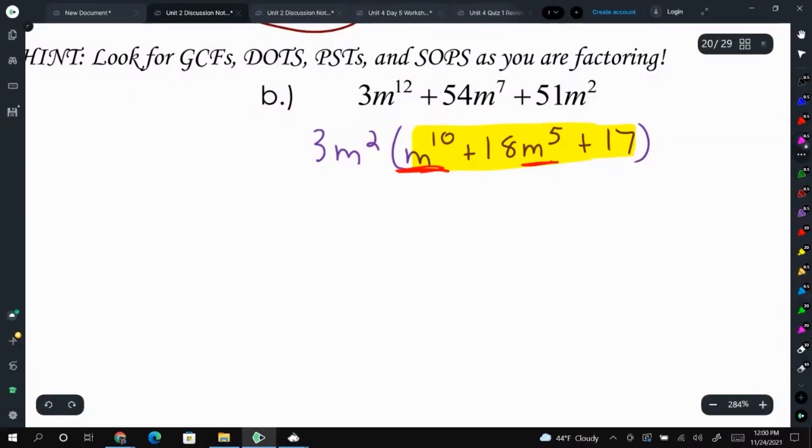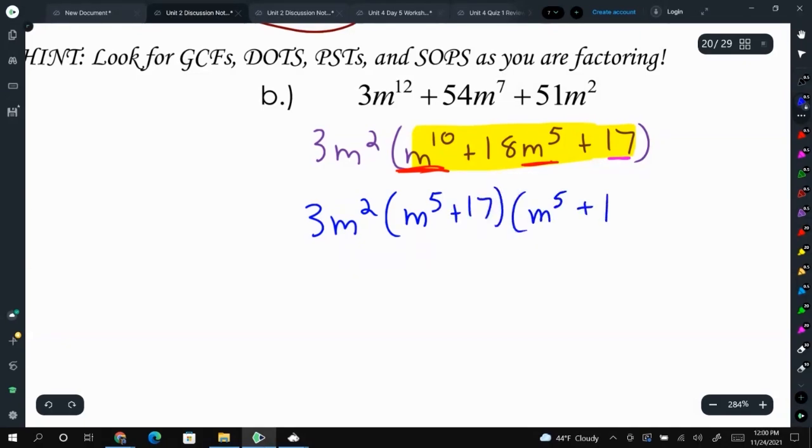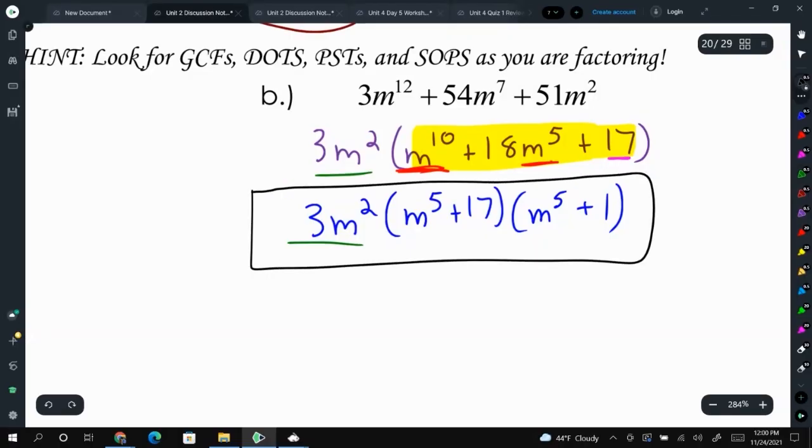So let's think about what two numbers multiply to positive 17 but add to 18. Well, that's going to be 17 and 1. So this is going to be our factored form: m to the 5th plus 17 and m to the 5th plus 1. But of course, don't forget about that 3m squared in the front that we factored out at the beginning. So this would be our final answer.